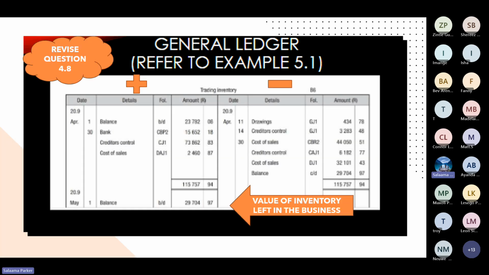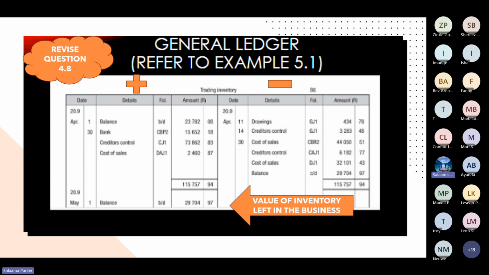Right. This question, more specifically the trading inventory, I did not base on the previous scenario. It's just again to remind you that you can't only focus on specific accounts, but also all the other general ledger accounts that you've done in question 4.8, and this one more specifically is trading inventory.